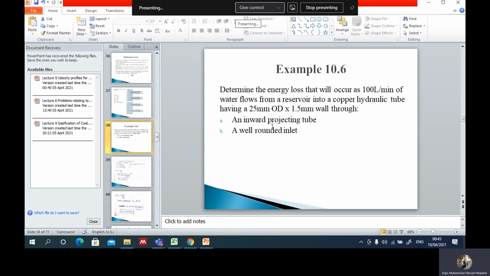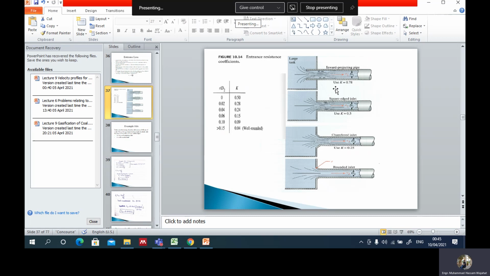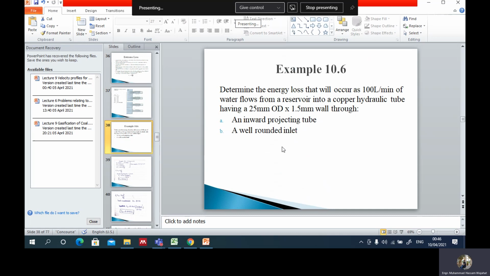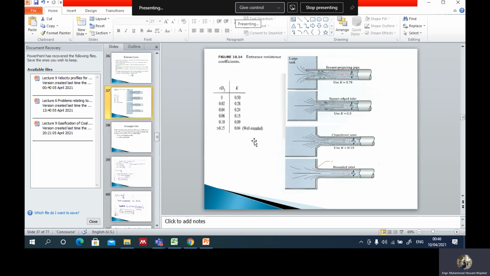But my question says an inward projecting tube, and your question will always say that. So you would be provided with these K values, or you get to read them from the table. You can see over here it says inward projecting tube, K is equal to 0.78. You will use this in the equation. The second question says a well-rounded inlet. If you come over here, you can see that the well-rounded inlet has a K value of 0.04.